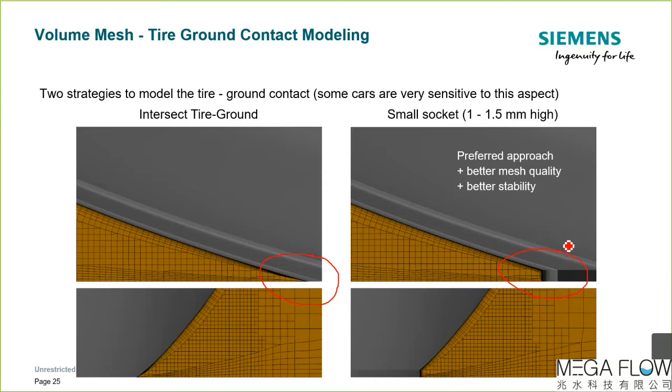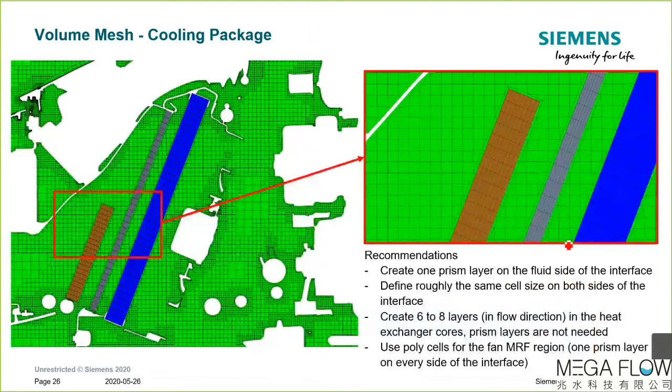But I'm talking about tires in a couple of slides and a couple of minutes. So the last meshing aspect I would like to talk about is the cooling package. As you can see here, we have a couple of heat exchangers, be it a radiator, condenser, and so on. We have a couple of recommendations here as well.